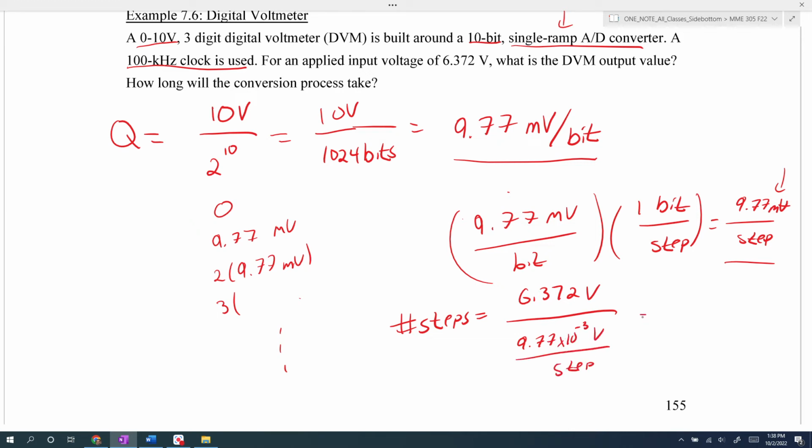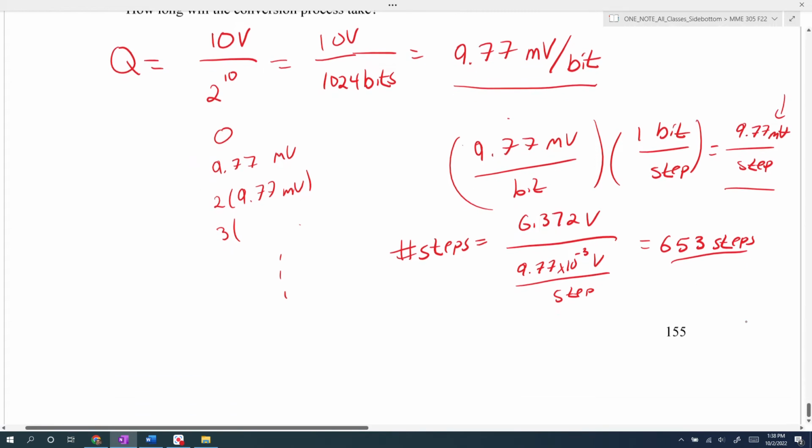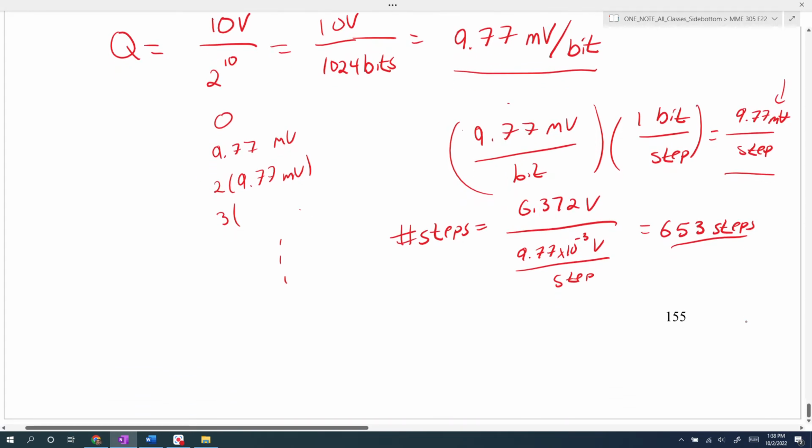This gives us our number of steps, and the number of steps required is 653 steps.